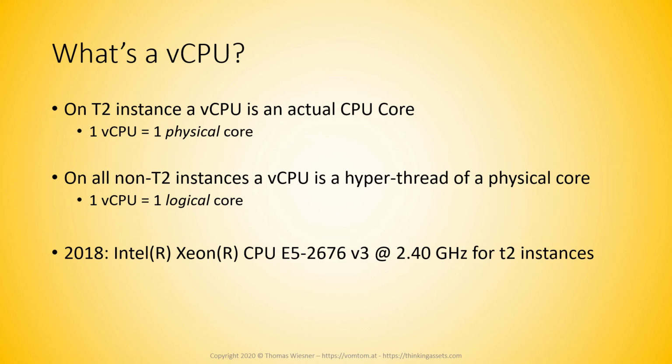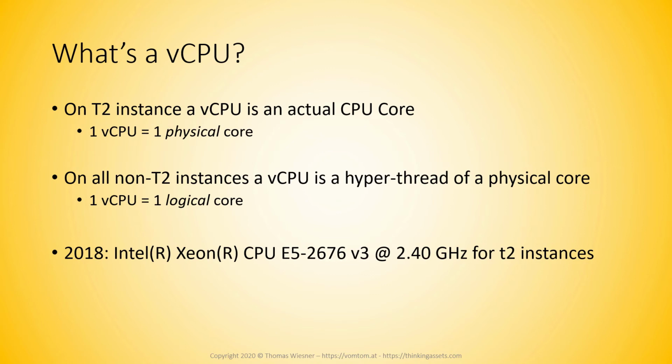So if you take an 8 vCPU instance, then you will get pretty much the same performance as an octa-core CPU. If you are using non-T2 instances and you take an 8 vCPU instance, you will get less performance, but you usually get other benefits out of that. So it's not always clear what to choose. I usually work right now with T2 instances, so it's easy for me.